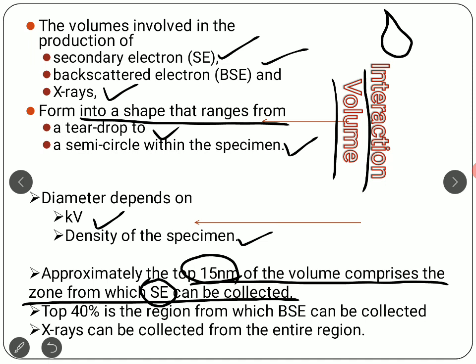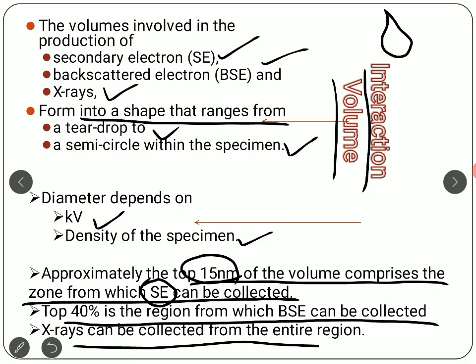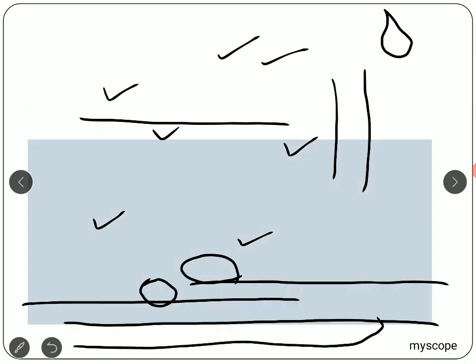But the backscattered electrons will also come from deeper within, the top 40% of the region, and the X-ray can be collected from the entire region.